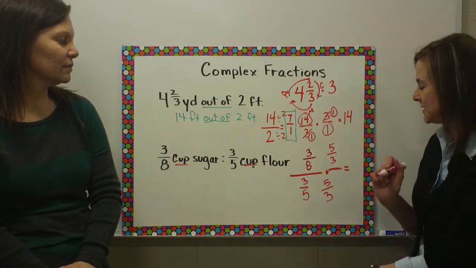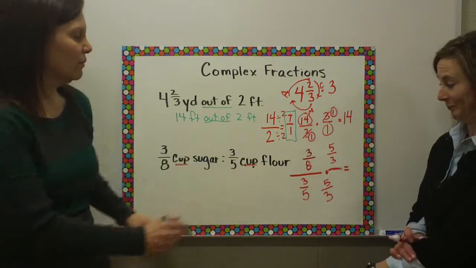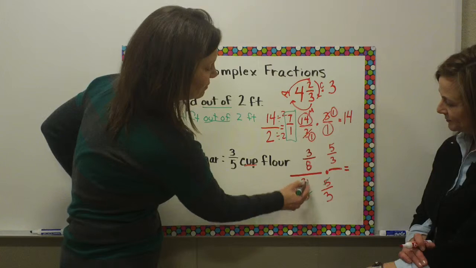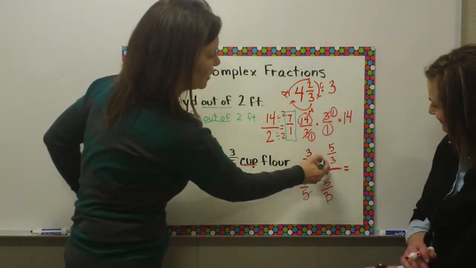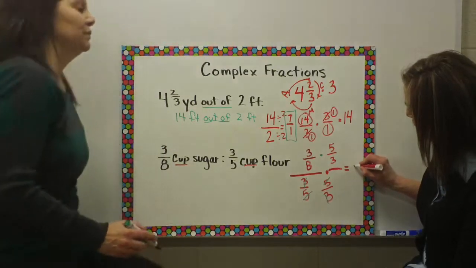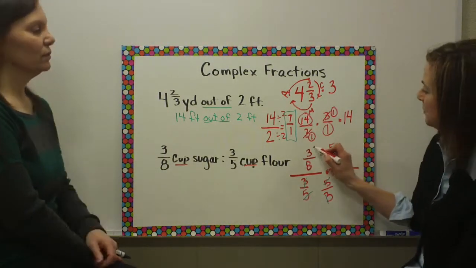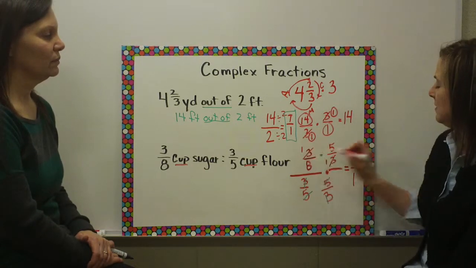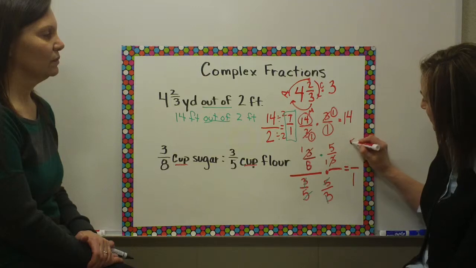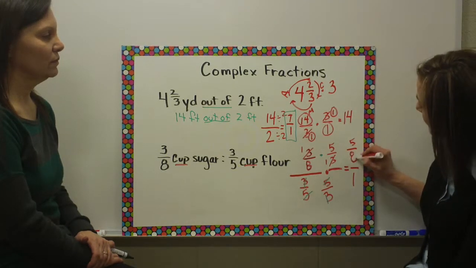All right, so let's take a look at what's going to happen here. On the bottom, notice that the 5's will cancel, 3's will cancel, and we're left with 1. So now we're just going to work on our top numbers. Over here we have 1, and with our top numbers, I've got a little cancel opportunity here. So I've got a 1 and a 1. 1 times 5 is 5, and 8 times 1 is 8.